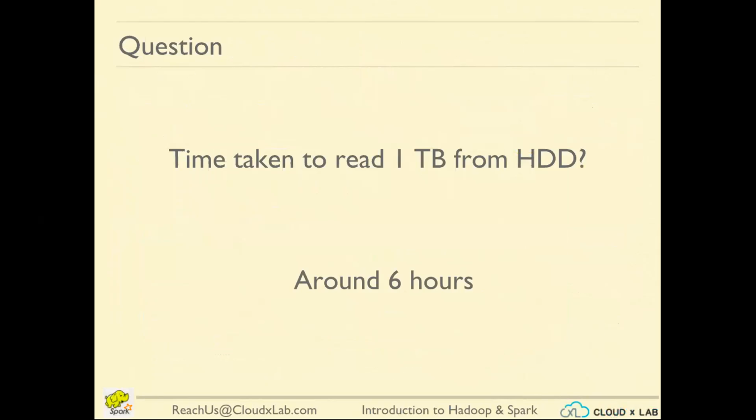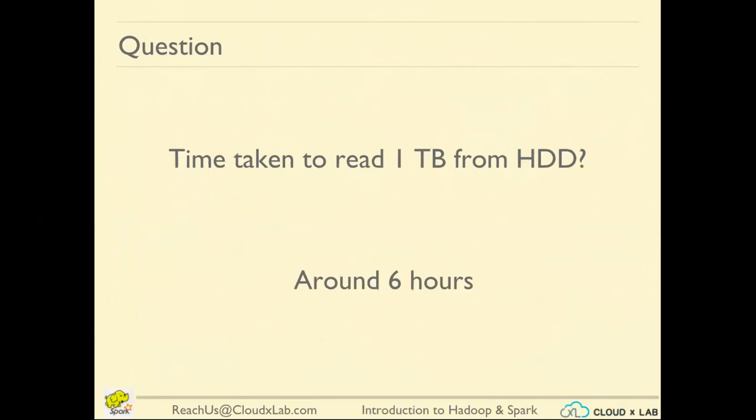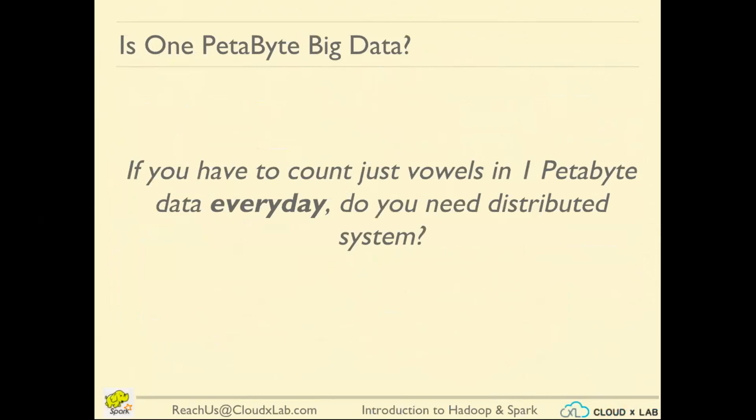A very important aspect is that it takes a long time to read data from the disk, and therefore handling humongous data is, in many cases, not a function of the processor. It's a function of the disk read speed.